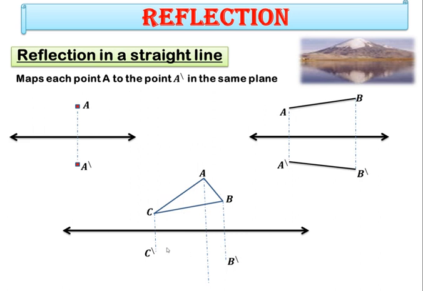Then when we join the three points, we get the image of the triangle ABC. We know that the distance from A to the mirror equals the distance from its image to the same mirror, and the same for the three points.